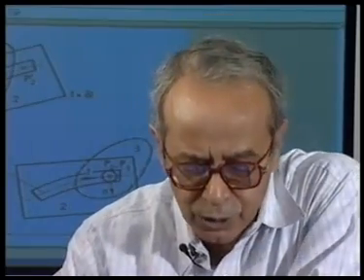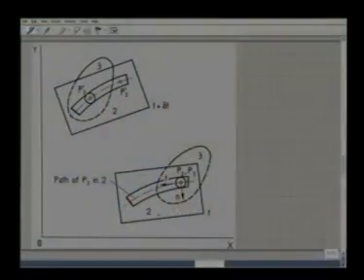Let us consider two rigid bodies shown in this figure, namely number 2 and number 3. As we see, there is a slot in body number 2, and there is a pin in body 3, the center of which is always constrained to move along the slot.